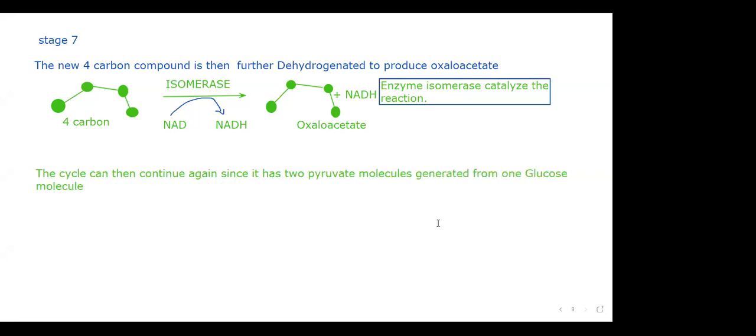However, for one pyruvate molecule, what are the products in the Krebs cycle? How many NADH are produced? For one pyruvate, 3.